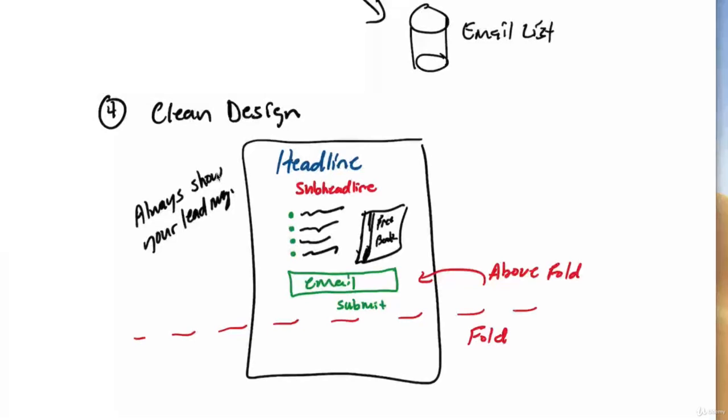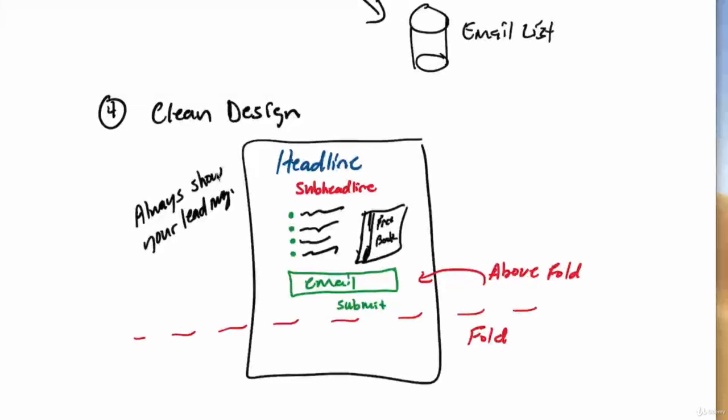That means your opt-in box, where you're asking someone for their email address, should always be above the fold, meaning they should not have to scroll down to see everything. You want all of this information here to be above the fold.